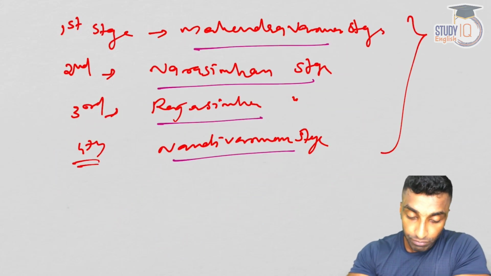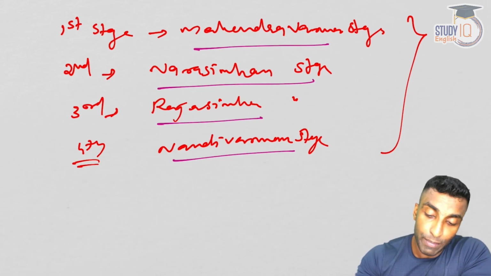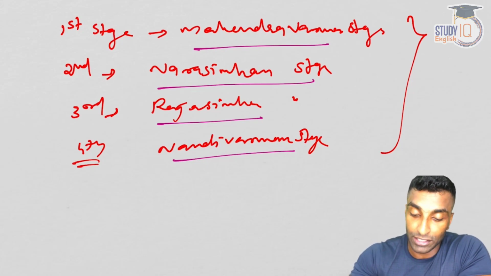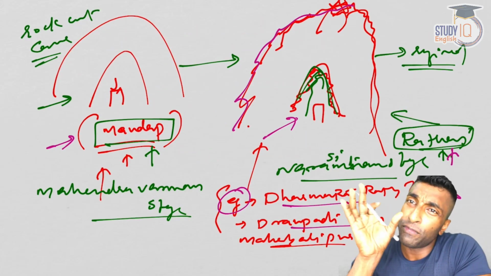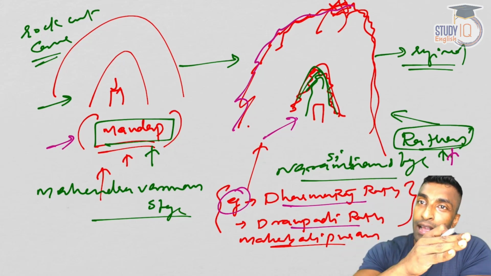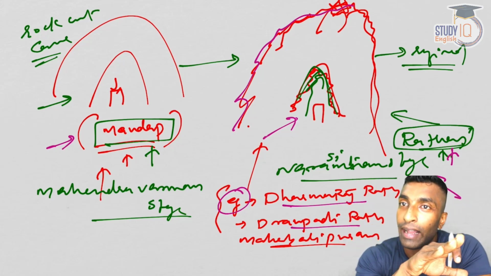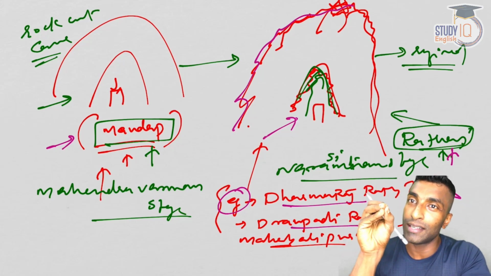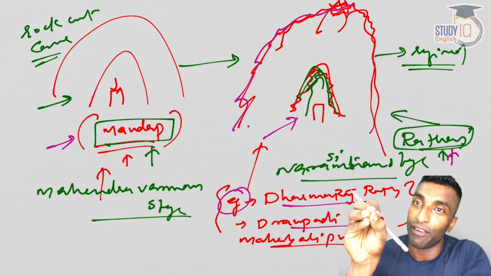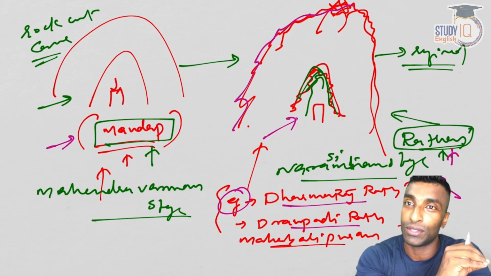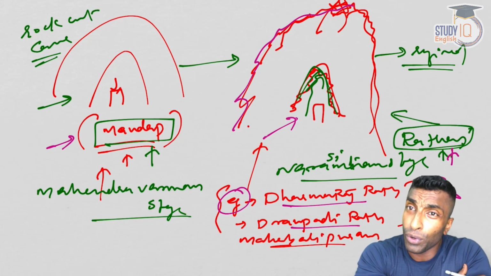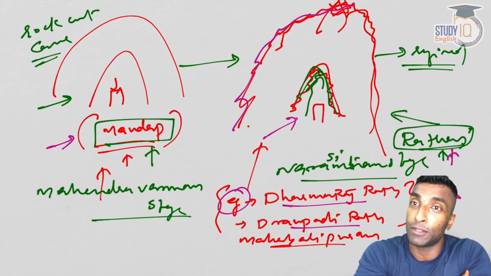So there are 4 different stages named after 4 different rulers: Mahindravarma stage, Narasimhan stage, Rajasimha stage, and then Nandivarman stage. So you can see here the first stage is like there will be a hill, and that hill will be cut and made into a cave. So the first stage is nothing but a cave, and in that cave you will be keeping some idols and images of the deity, and you don't call it a temple, rather you call it a mandap.